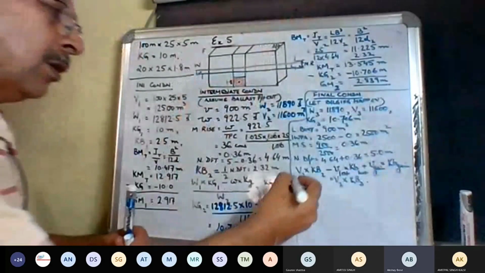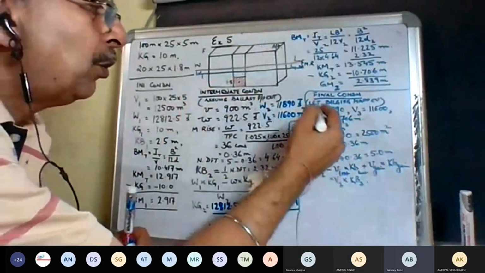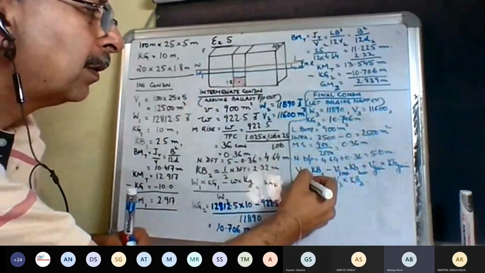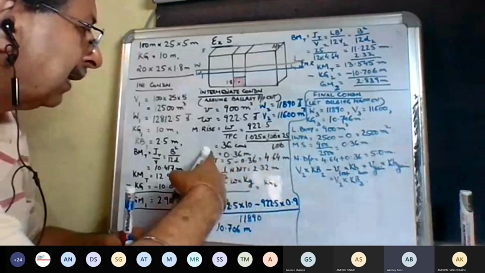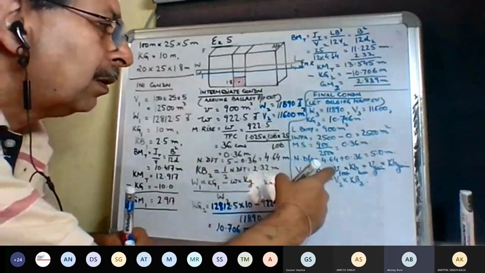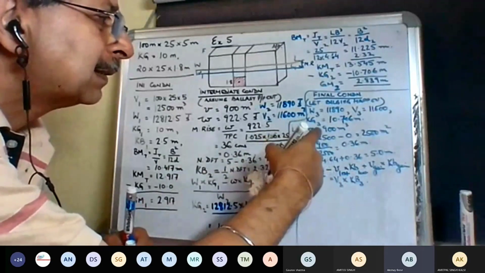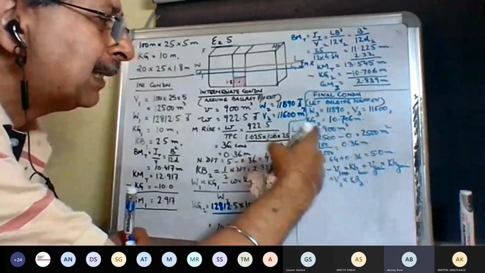Correct? So V2 is equal to V3, वो हमने ऑलरेडी लिखा हुआ है. KB2 हमारे पास है, V lost हमारे पास है, V gained भी हमारे पास है.